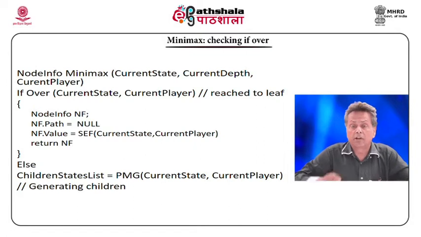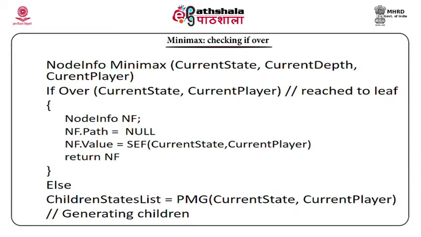What is the value? Remember, the static evaluation function only applies at this place, it is not applied elsewhere. This is the time where I have reached the leaf node. I have reached the leaf node, apply the static evaluation function, and then that value is written back. The static evaluation function requires two things, current state as well as player.